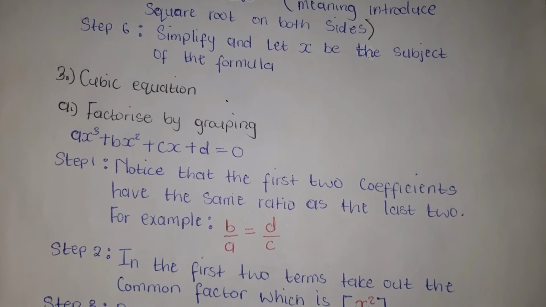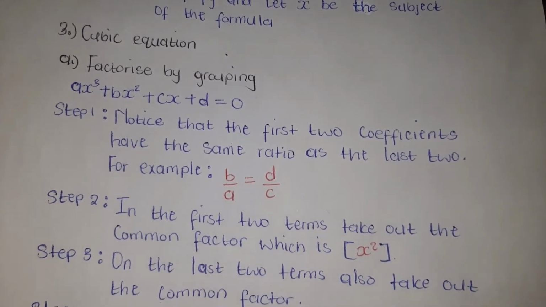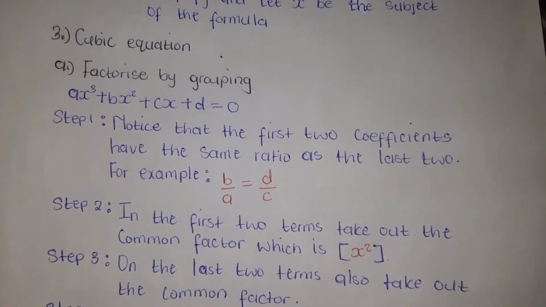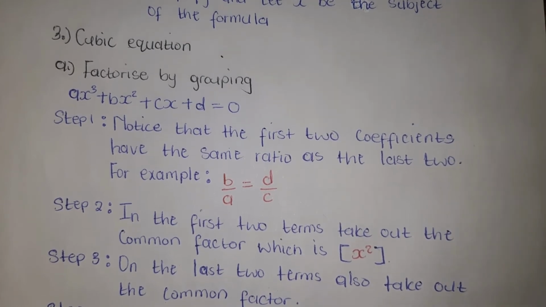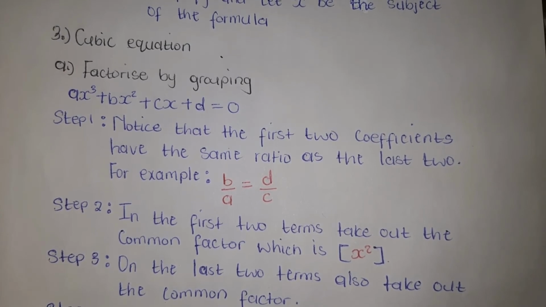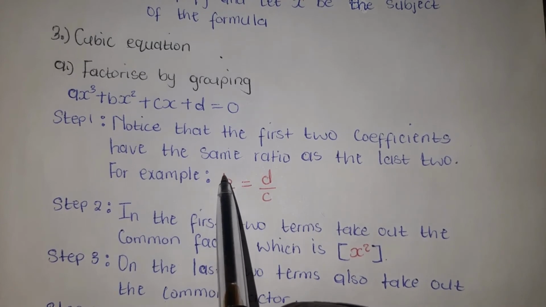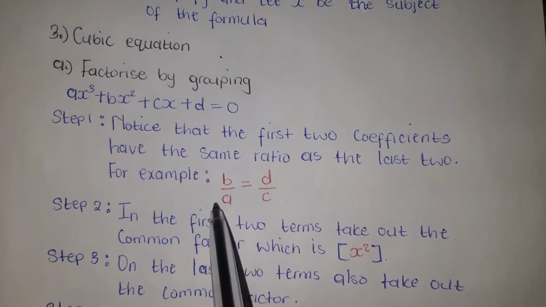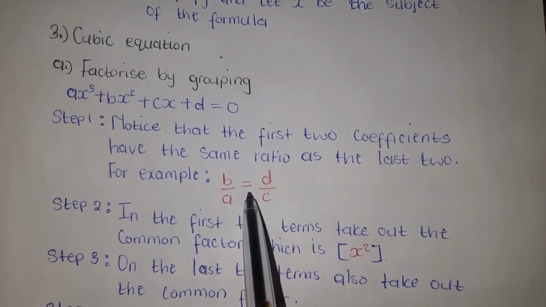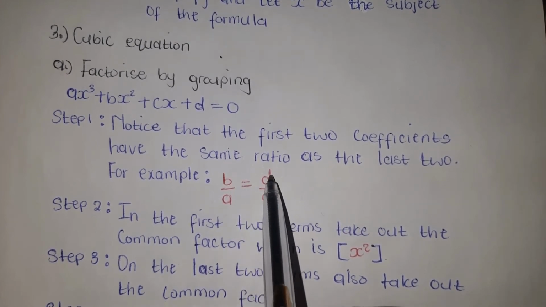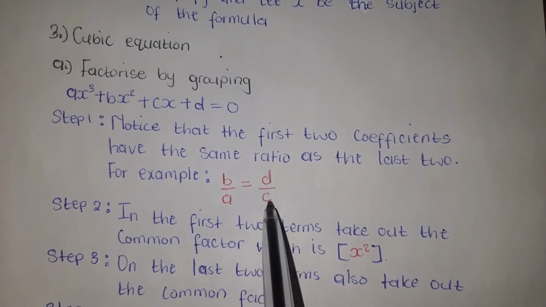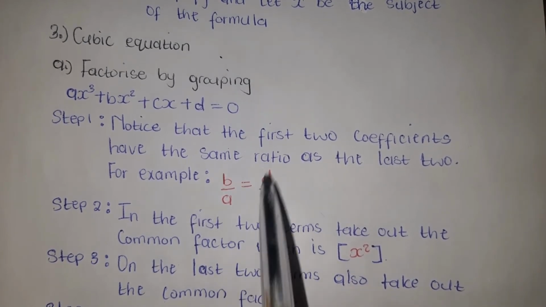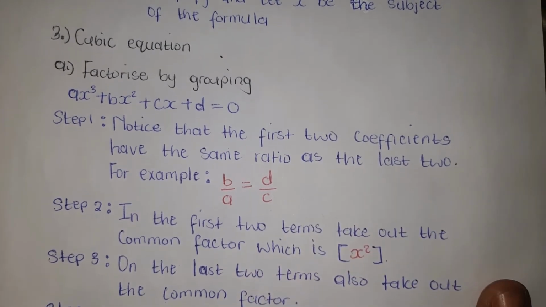So the steps of factorizing by grouping. Step number 1, you have to notice that the first 2 coefficients have the same ratio as the last 2. For example, coefficient b over coefficient a should be equal to coefficient d over coefficient c in order for you to factorize by grouping.